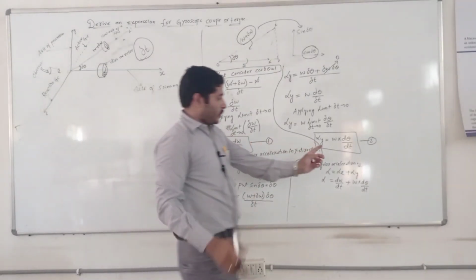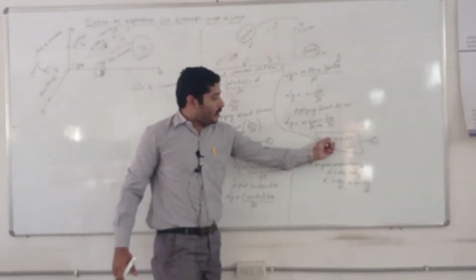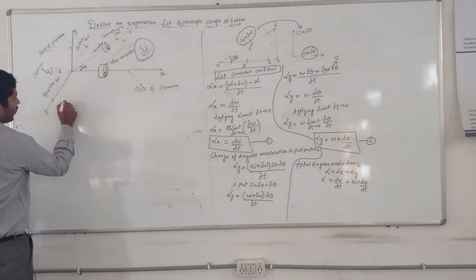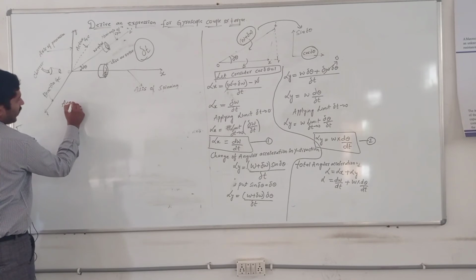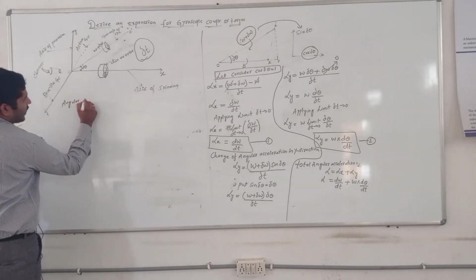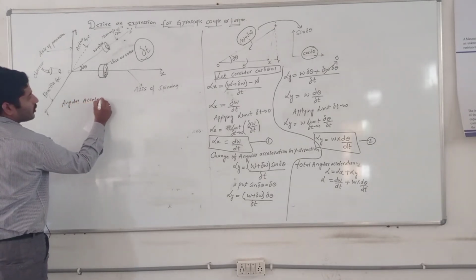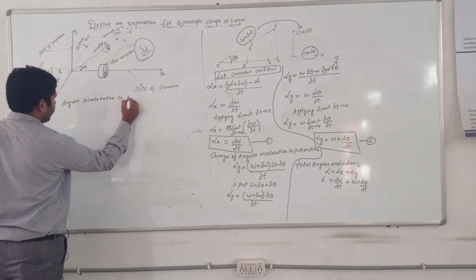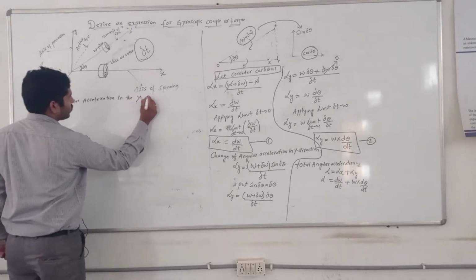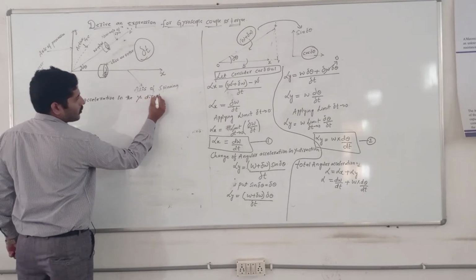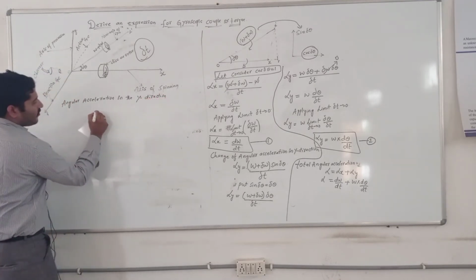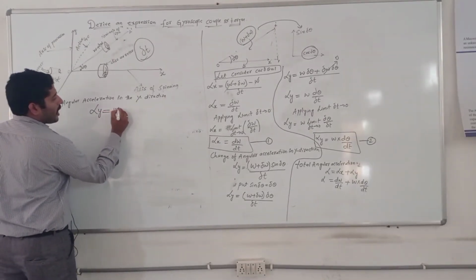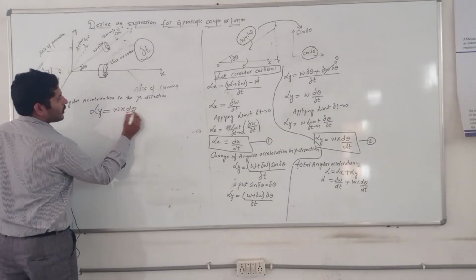How much is given here? Alpha y is equal to omega into d theta by dt. Again you have to consider the angular acceleration in the y direction, alpha y equal to omega into d theta by dt.